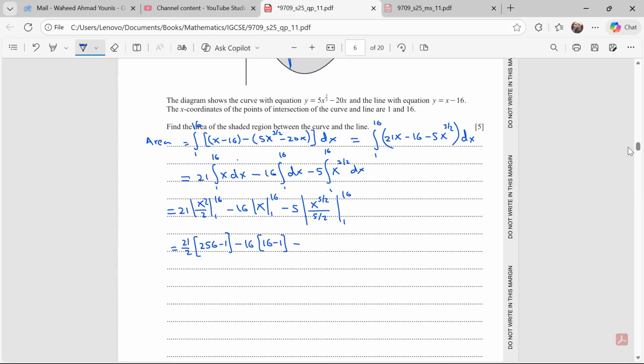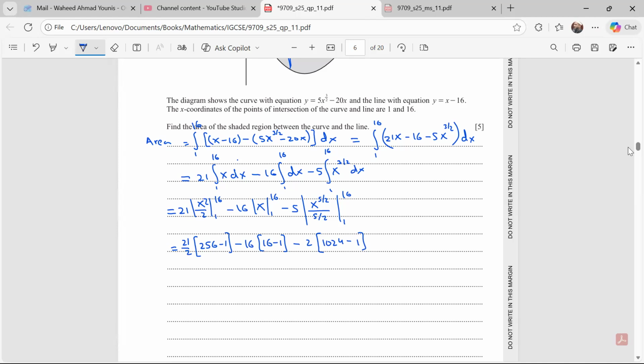So this is 2 only. 5 multiplied by 2 by 5, okay? And then I put upper limit 16. So 16 power 5 by 2. 16 power 1 by 2 is 4. 4 power 5 is going to be 1024. And 1 power anything is 1.